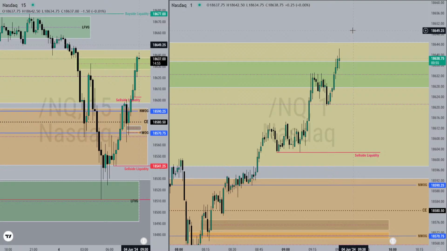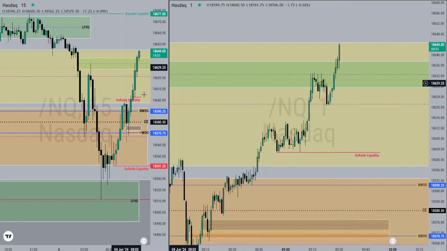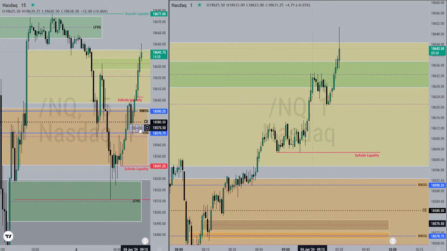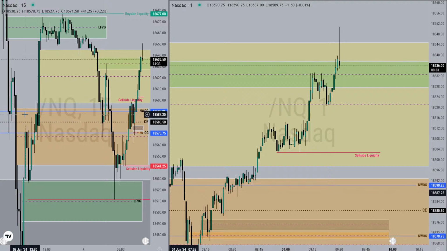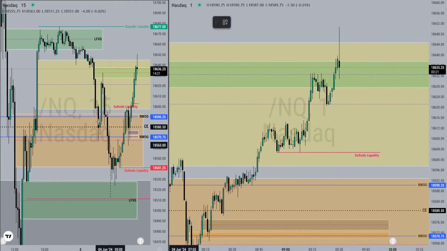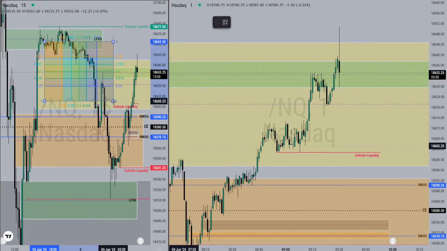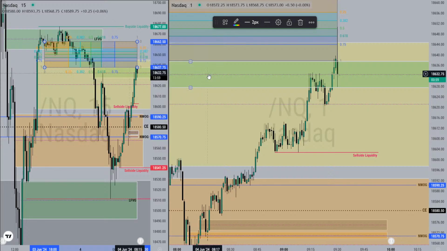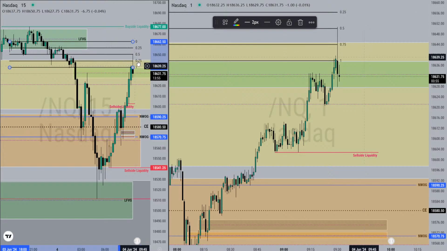So this is the 9:30 candle. Let's see what is going to happen. Here is your new opening gap.